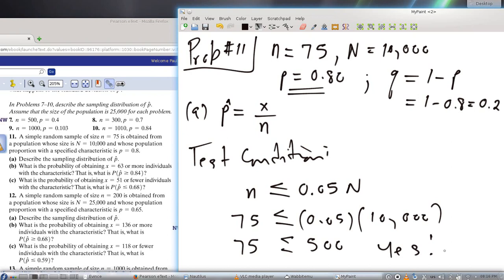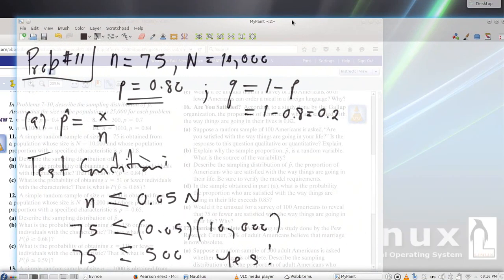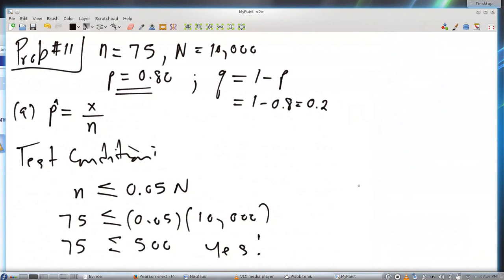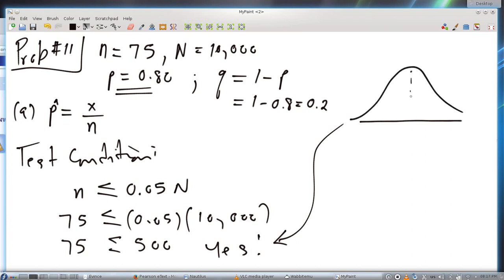Now you see here, the whole idea to test this data is to make sure that it has this property. So when this condition is met, what that means is that if we were to construct a histogram or to construct a distribution curve, then the data would produce a distribution that looks like this, which is a bell-shaped curve. And the bell-shaped curve is what we mean by a normal distribution. That's what that means.